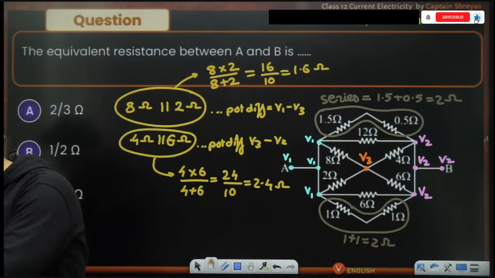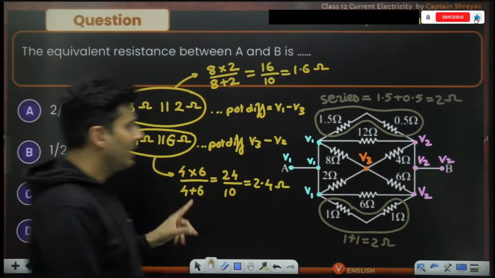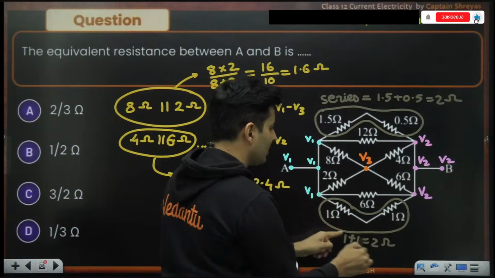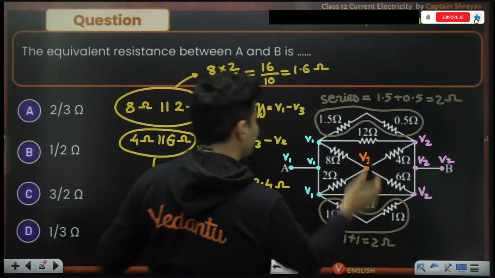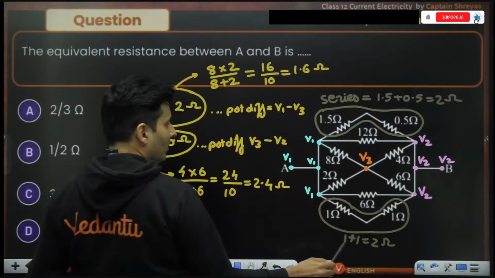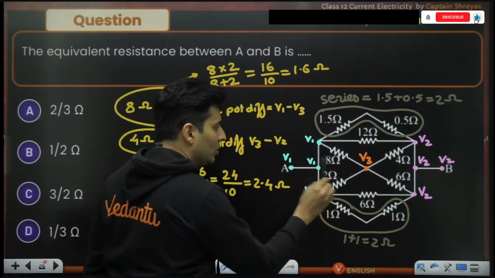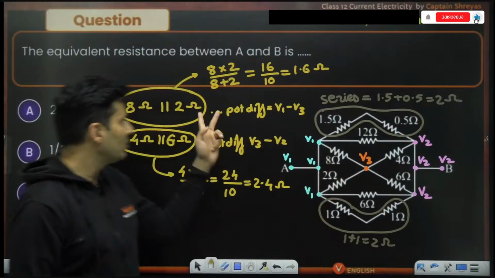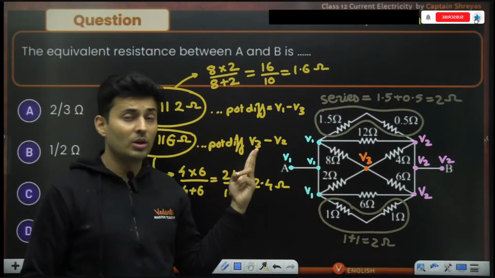Yeah, perfect, awesome. So then what I did, 1.5 and 0.5 is 2, 1 and 1 is also 2. These two ends are 2 ohms and 2 ohms. Can you see 8 and 2 are between the same voltage difference, V1 and V3? So they are in parallel, and for parallel, what's the formula?